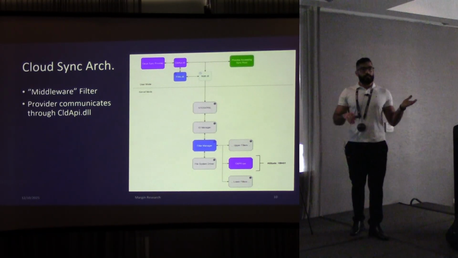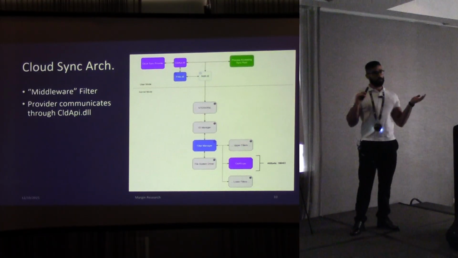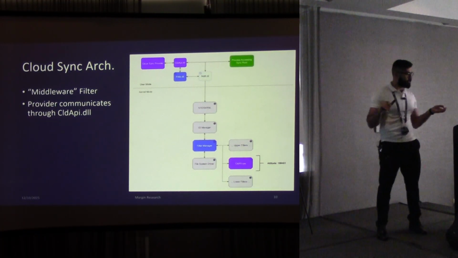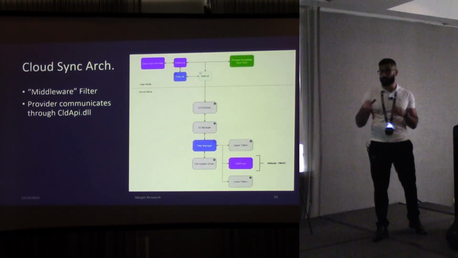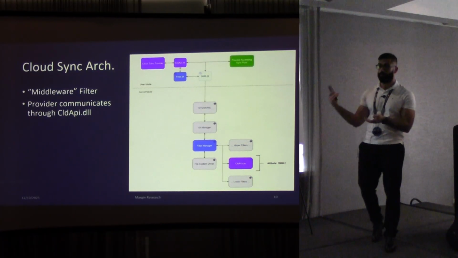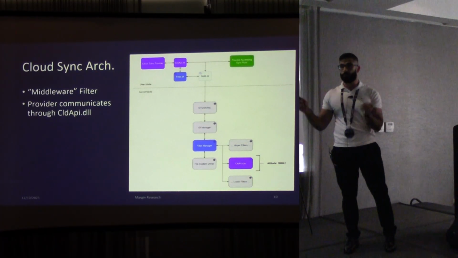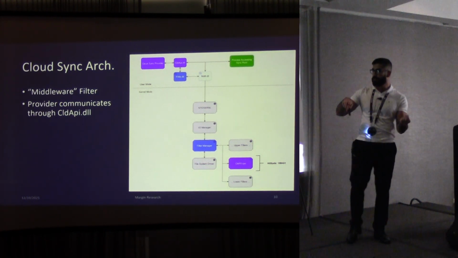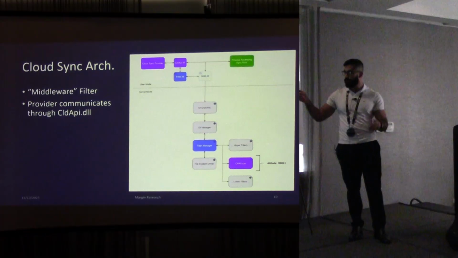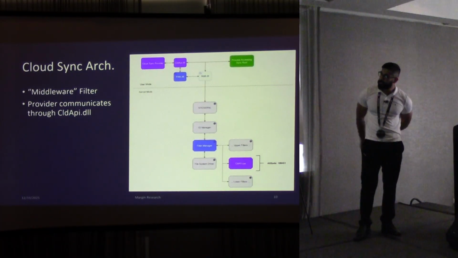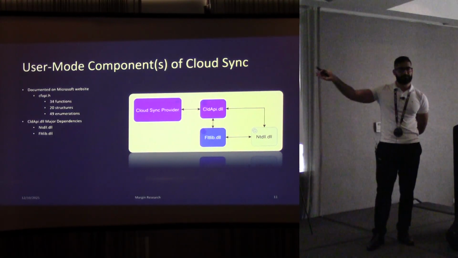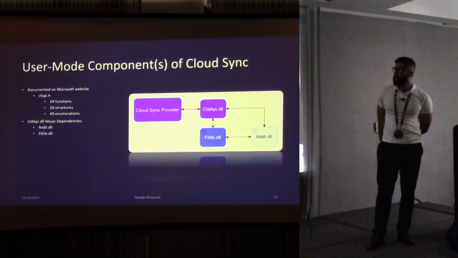Out of the 13 loaded, as of March 2025, there were 13 filter drivers loaded by default. This is at number 8. So this is basically the middleware of your I/O operations.